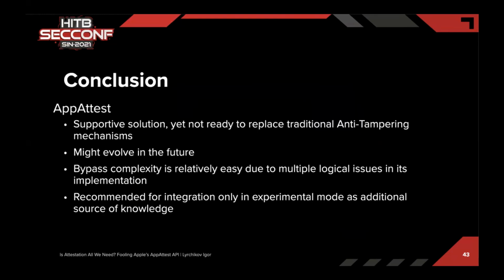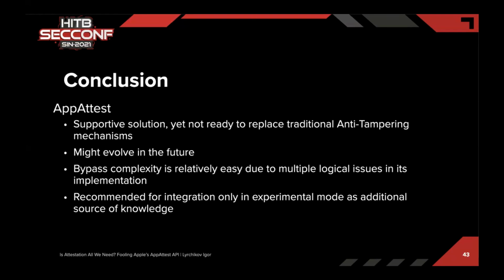So in conclusion, I want to say that we can't create a trusted anti-tampering check using only this API. The evaluated solution should be backed up by current client-side protection mechanisms, which are well known and described in different resources such as OWASP MSTG.